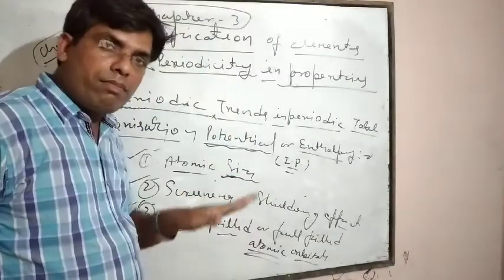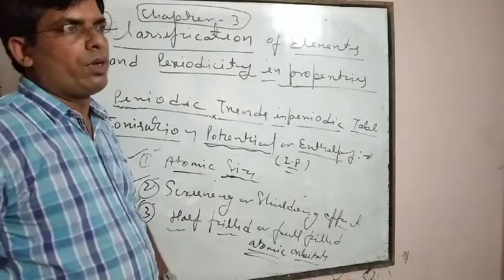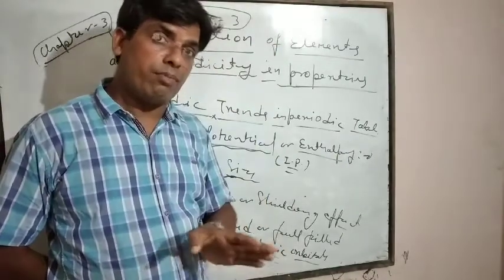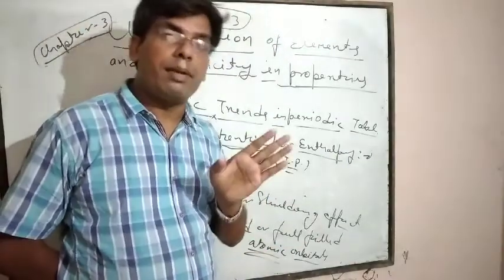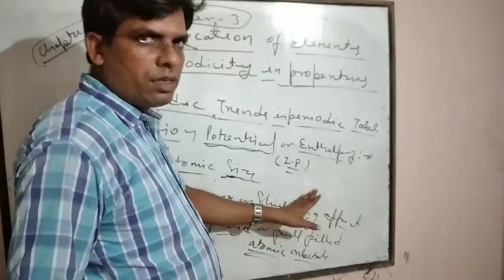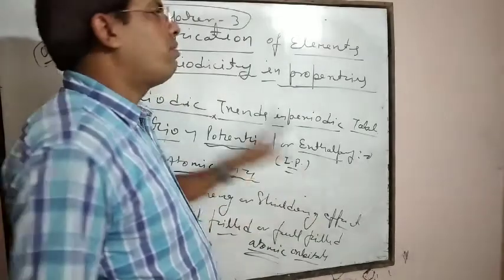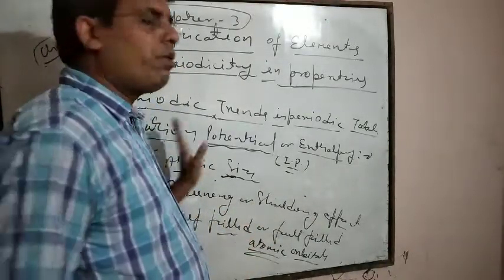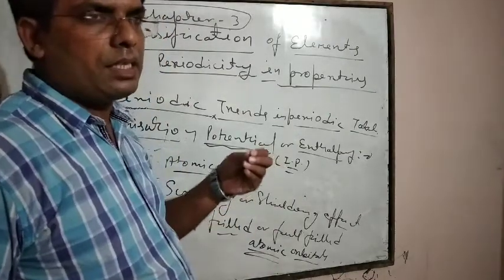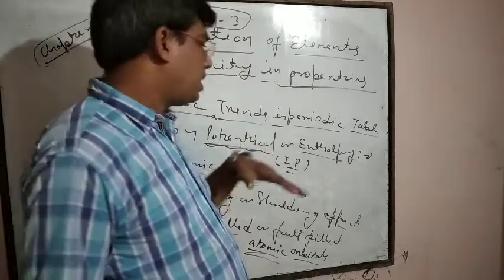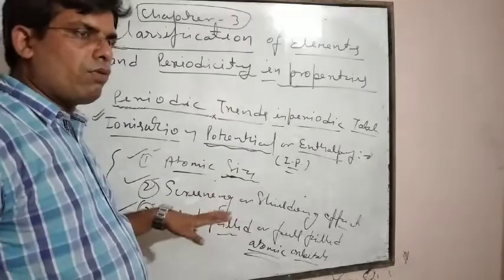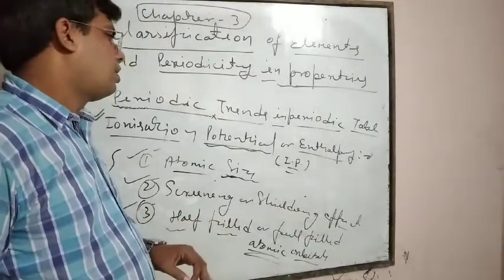But while moving from top to bottom in a group, with increase in atomic size, value of ionization potential or ionization enthalpy decreases. You should keep it in mind.